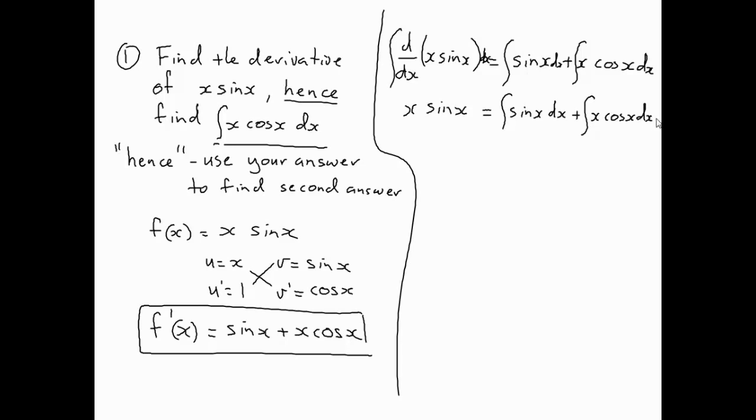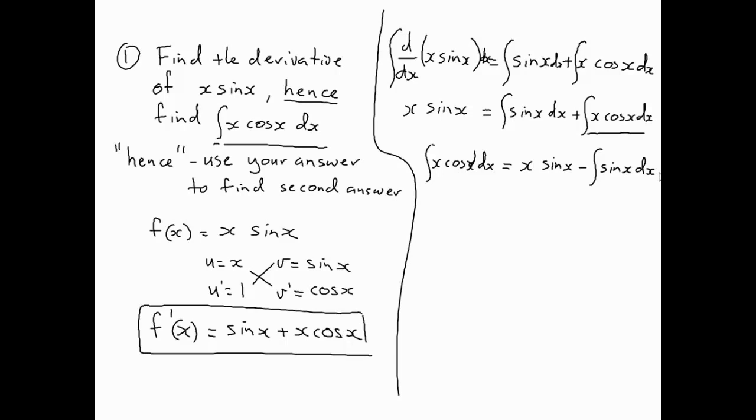Our job now is to get this expression by itself, so I'm going to bring this one over to the left hand side. The antiderivative of x cos x with respect to x equals x sine x minus the antiderivative of sine x dx.